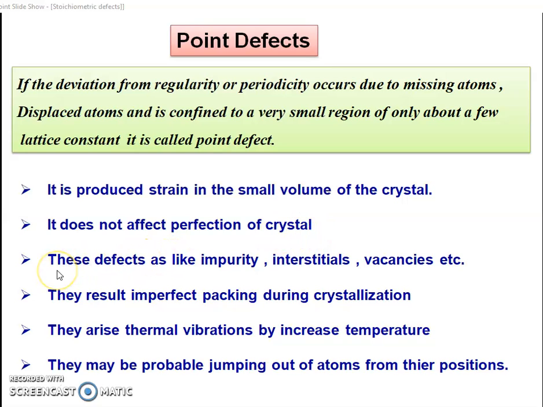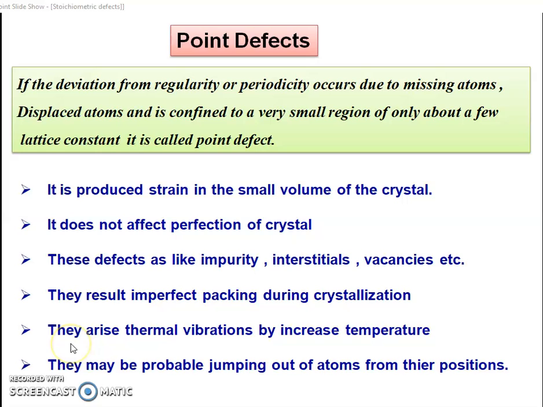Another very important point is that these defects are observed due to impurities, interstitials and vacancies. So these three can be included in point defects. Next, they result from imperfect packing during crystallization.